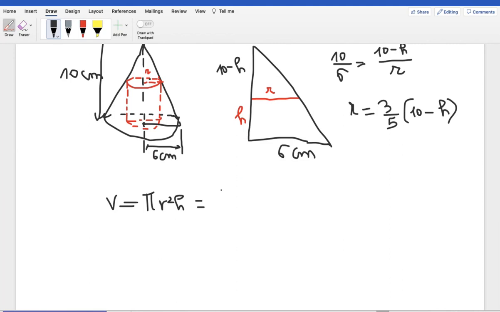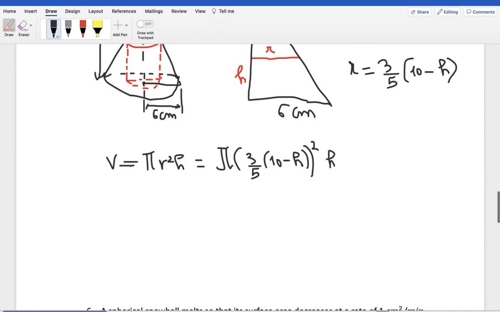So you can replace it there. So pi stays the same because it's a constant, multiplied by 3 over 5 times 10 minus h, all squared, multiplied by h.